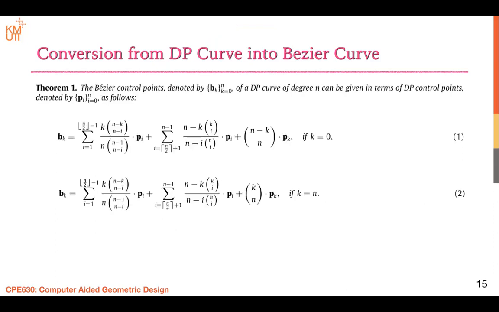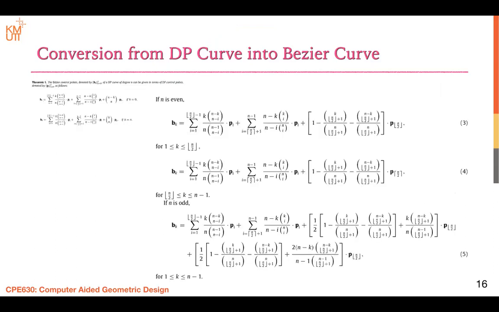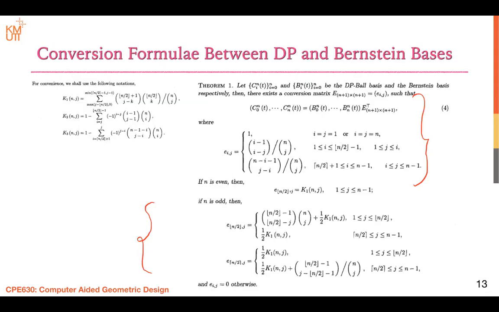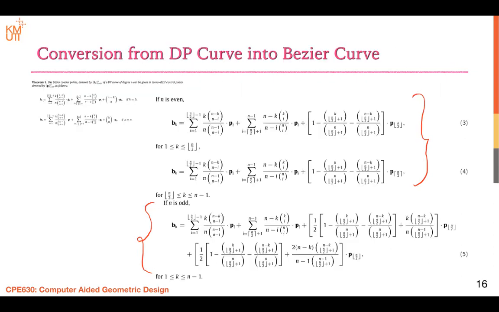This is a general form. If the curve is even degree, you can follow this formula, and if the curve is odd degree, you can follow this one. It's a bit complicated, but it's also simpler than the previous one provided in this one.